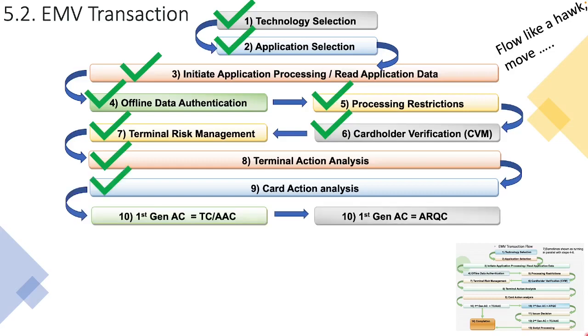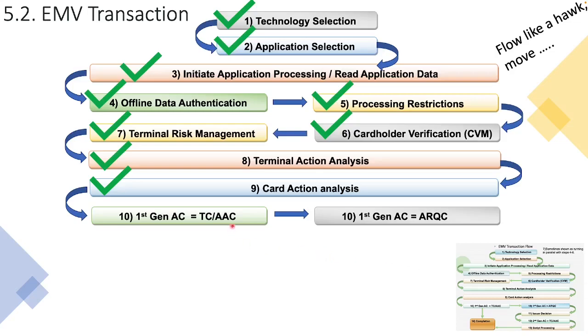We then go into the next phase, which is the first gen AC phase. And in this phase, the actual cryptogram is generated by the card, and this decides how this transaction is going to proceed, right? So there are two possible options here.